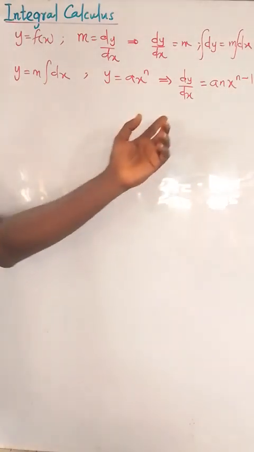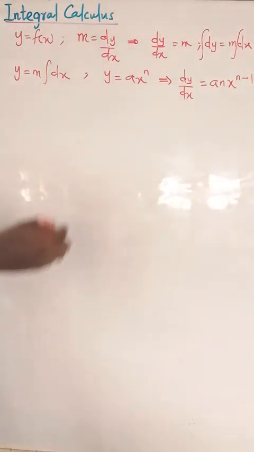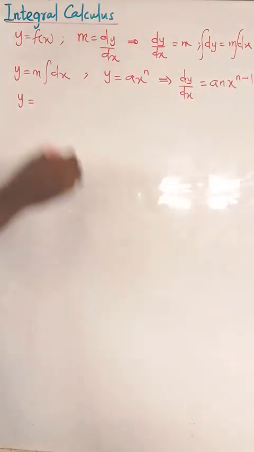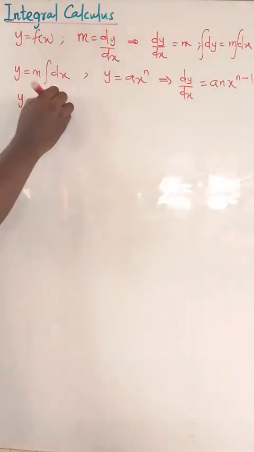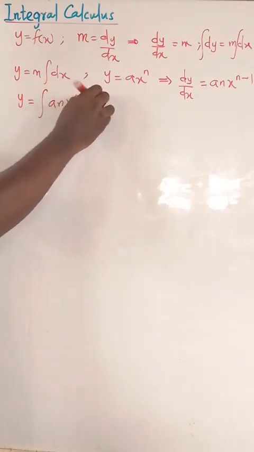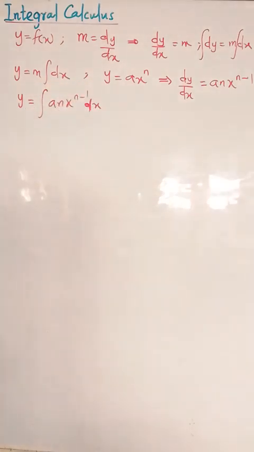That is the gradient. So how do we get the value of y? To get the value of y, we have to integrate anx raised to power n minus 1 dx, meaning with respect to x.